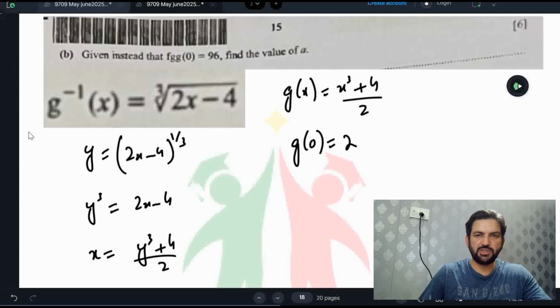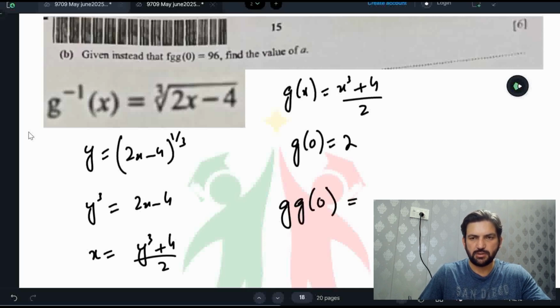So g of 0 means what? g of 0 means g of 2.